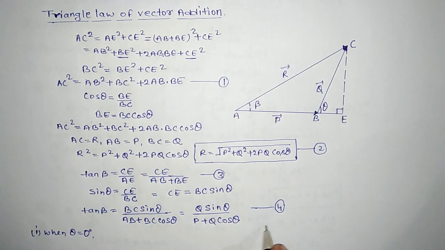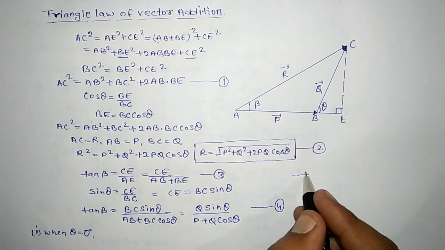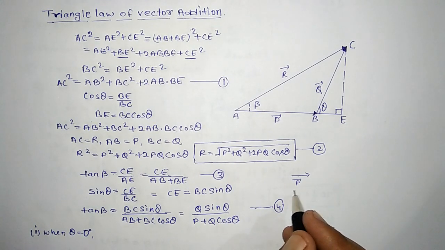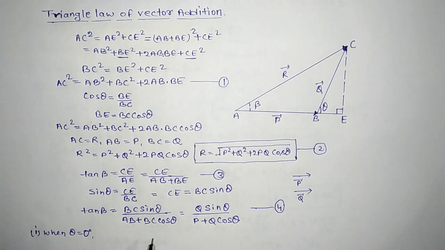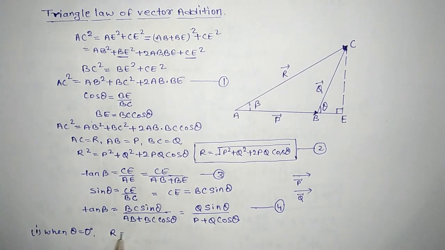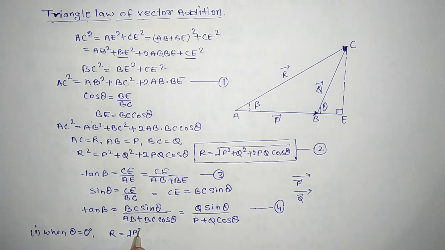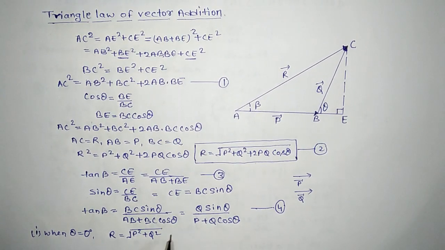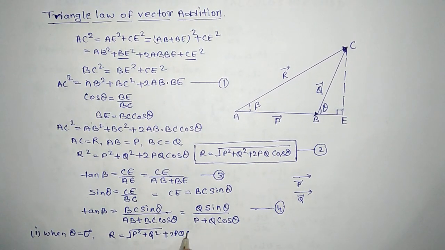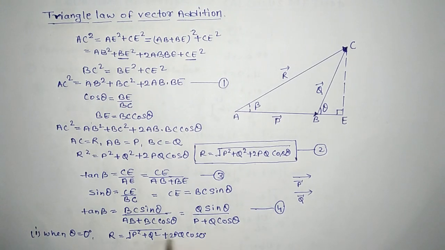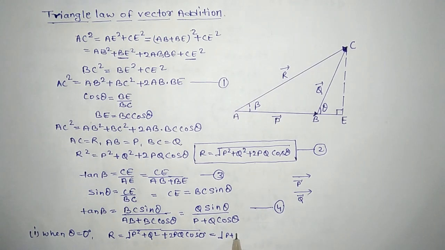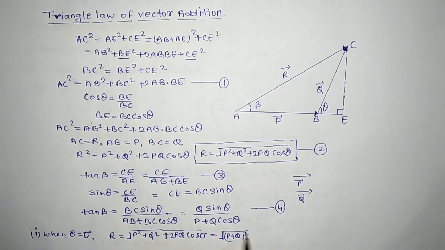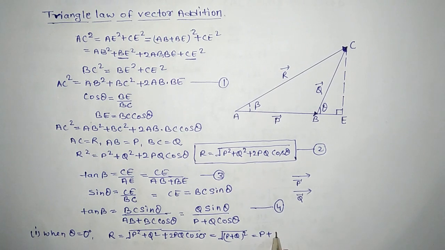This is vector P and this is vector Q. Then the resultant R is given by R is equal to under root P square plus Q square plus 2PQ cos 0, or we will get R is equal to under root (P plus Q) whole square, which is equal to P plus Q.